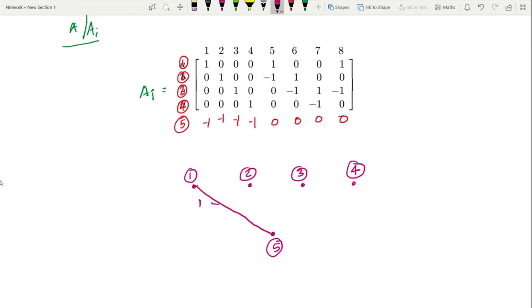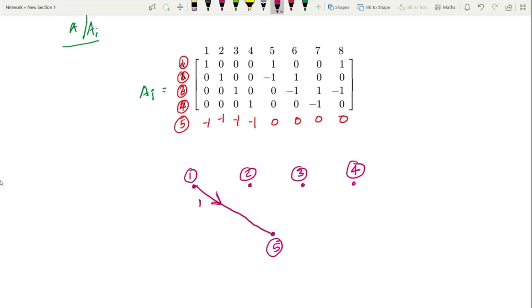So the current direction is this one. Let's see whether it is correct for node 5. Here the entry is minus 1. How will minus 1 come? If the current is coming towards this node, which node are we considering? Fifth node. Corresponding to the fifth node, this current is coming towards this node, so it is negative. So it is okay. In this way, we need to find out the line segment corresponding to each branch.